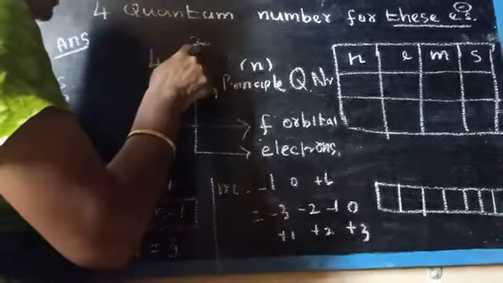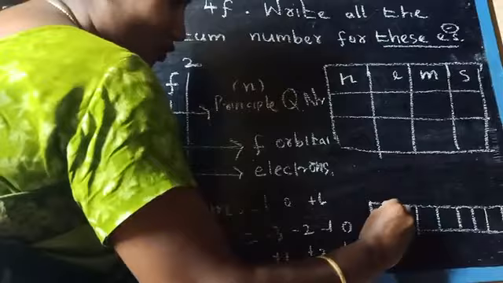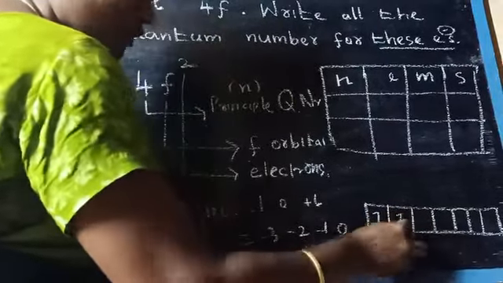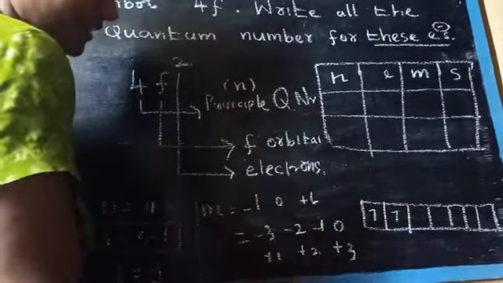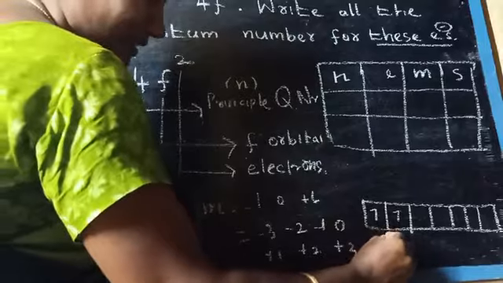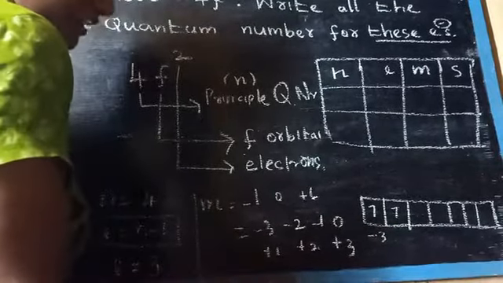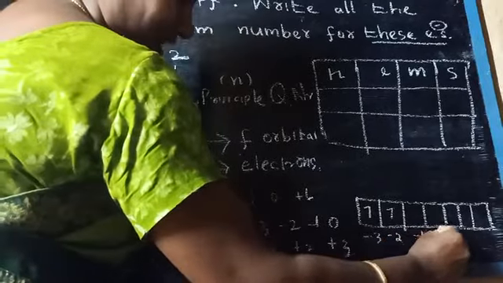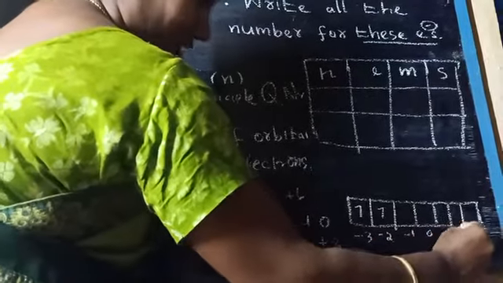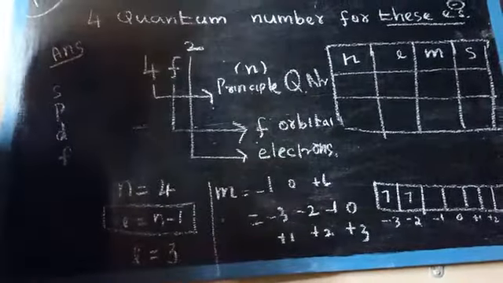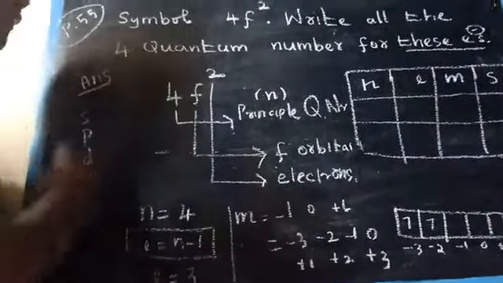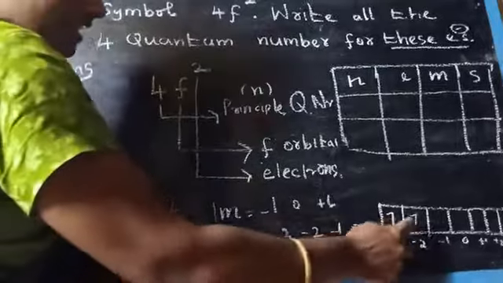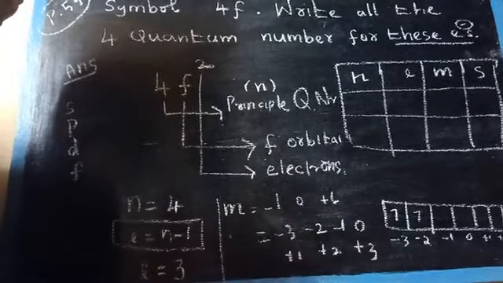Here how many electrons? 2 electrons, 1 and 2, according to the rule. Now represent the values: minus 3, minus 2, minus 1, 0, plus 1, plus 2, plus 3. The question is: write all the 4 quantum numbers for these 2 electrons.